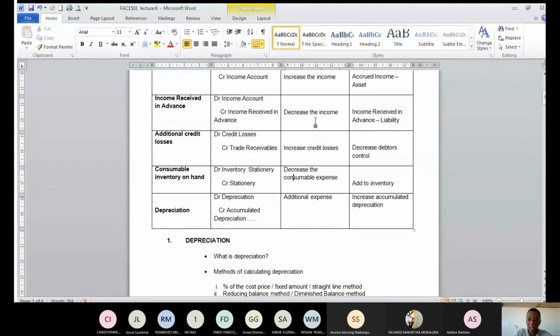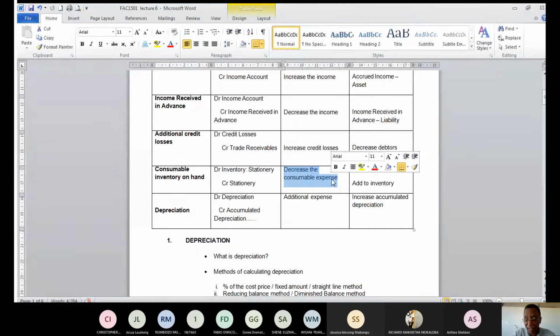When you are doing the statement of profit and loss and other comprehensive income, based on my example, the expense is not 900 Rand, but 900 minus 300, because there was still 300 Rand left at the end of the financial year. So your expense for stationery will only be 600 Rand.